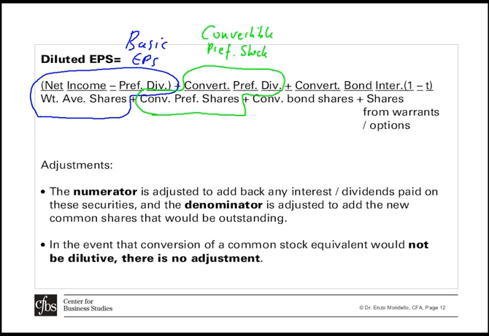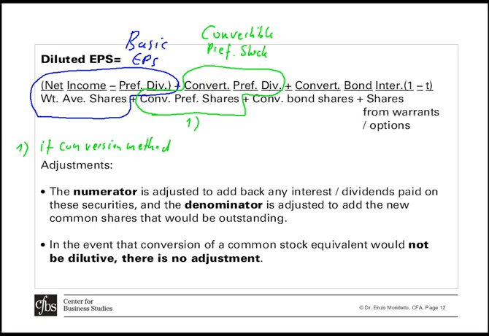That's done using the if conversion method. That means if the convertible preferred stock is dilutive, then we have to assume that the conversion took place at the beginning of the period. That's known as the if conversion method. So we have to assume that the conversion took place at the beginning of the accounting period.